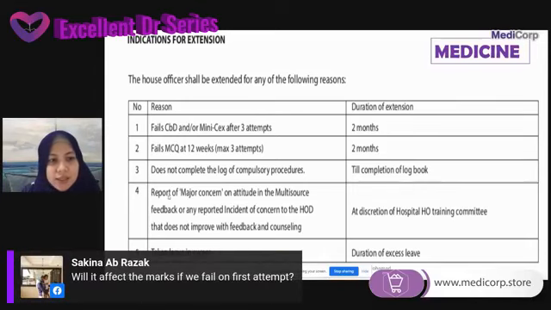Sakina asks, will it affect the marks if we fail on the first attempt? Obviously it will affect the mark, but at least you are not extended, because you can still try during the 4 months posting.